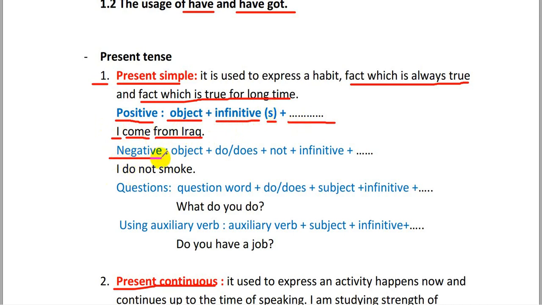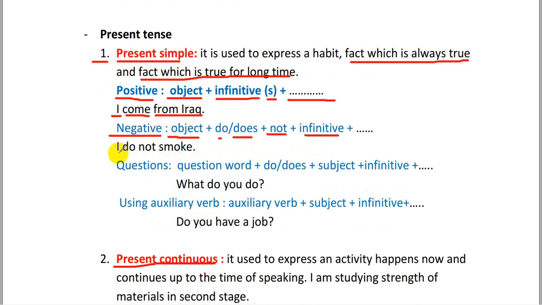Negative صيغة النفي: object الفاعل do or does plus not plus infinitive. راح نضيف هنا auxiliary verb do or does. do إذا كان I we they أو الجمع. does إذا كان الفاعل he و she و it.